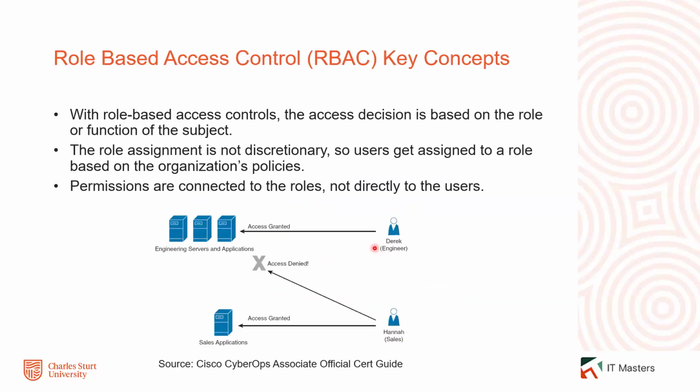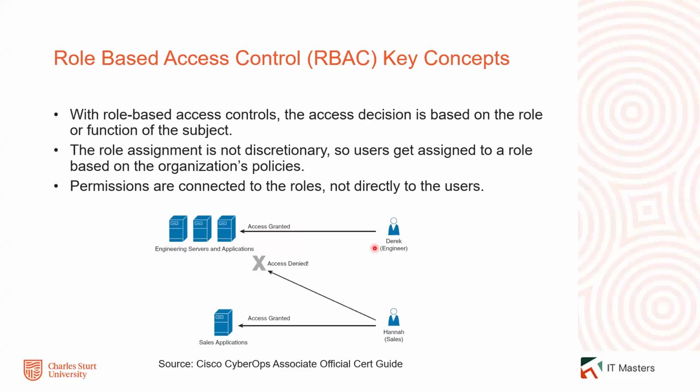In role-based access control, the access decision is based on the role or function that the subject belongs to. In a typical Active Directory type setup, that means what group they are basically in. Now, the role assignment is not discretionary. Users get assigned to a role based on the policies that we implement as an organization. So if, for example, you're an IT worker, you will be put into the IT group.